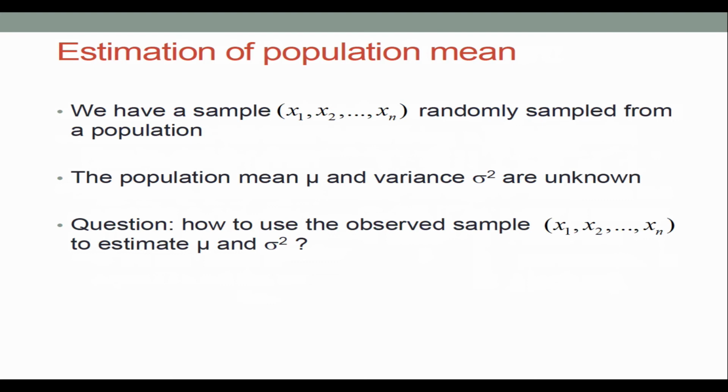The underlying truth about the population is governed by its mean mu and variance sigma squared. Those population parameters, mu and sigma squared, are unknown. We want to estimate them using the sample, x1 up to xn. So how do we use the observed sample to estimate mu and sigma squared?